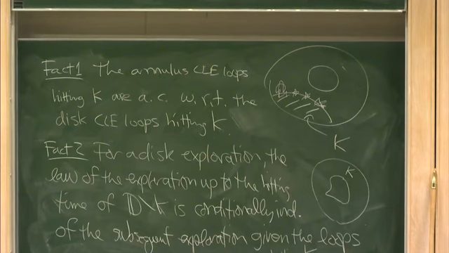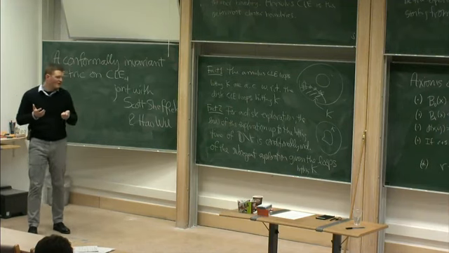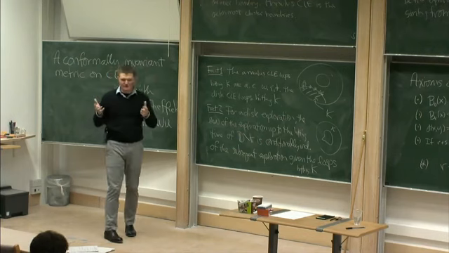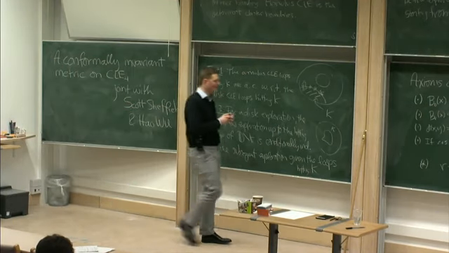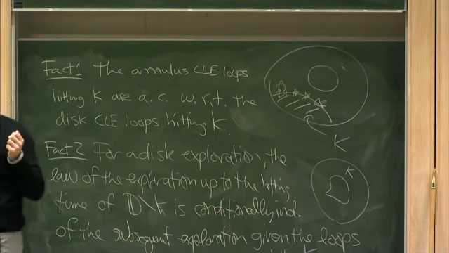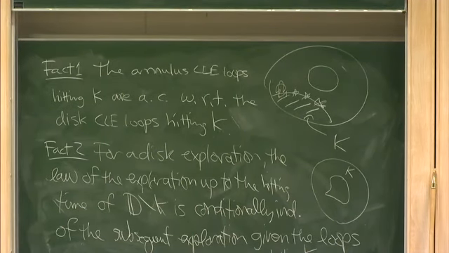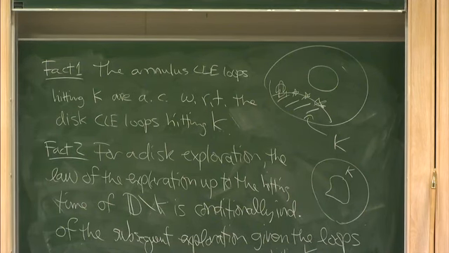For a disk exploration, the law of the exploration up to the hitting time of the complement of K is conditionally independent of the subsequent exploration given the loops hitting K. So the point of these two facts is that if you have an annulus CLE, what you can do is take a compact set K, you can even choose it to sort of hug the inner boundary, and you can explore up until you hit the complement of K at least, by just pretending that what you see is actually coming from a disk exploration, and just explore from the conditional law of a disk exploration given those loops that you see.